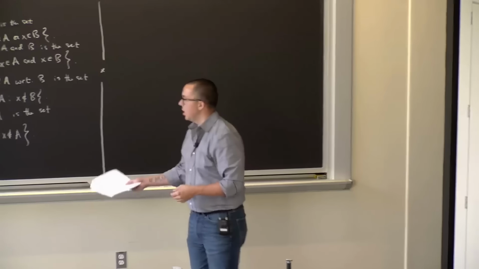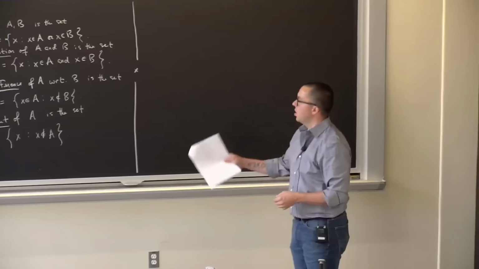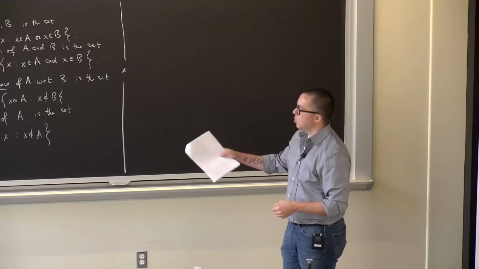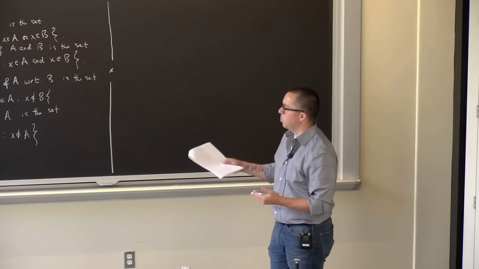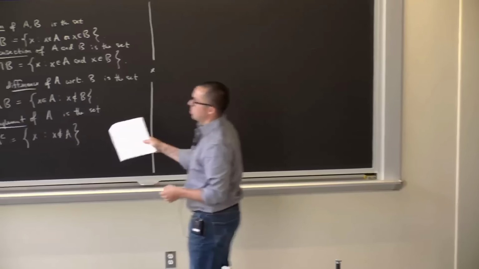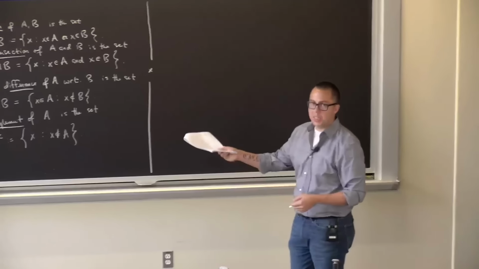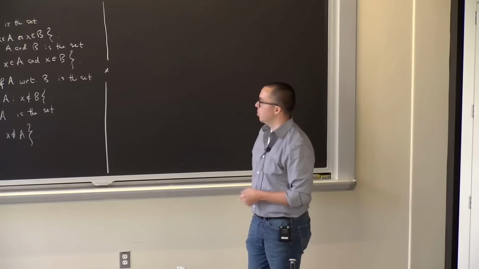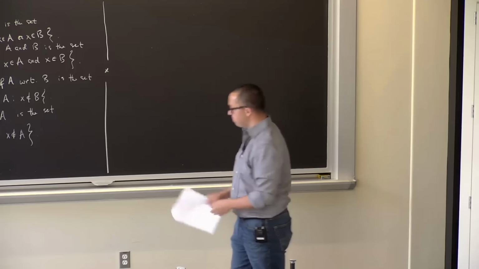I mean, if we're looking at subsets of R, the complement is generally with respect to R. Or if all of our sets are subsets of Q, then our universe would be Q, the rationals. And we're taking the complement in there.